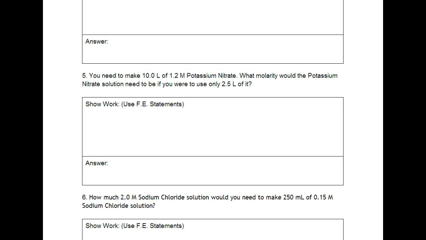Number 5 is another dilution problem. It says you need to make 10 liters of 1.2 molar potassium nitrate. So it's saying that we need to make that much. It's not the first solution, and this is the water, and it's not that. So it's this third solution.